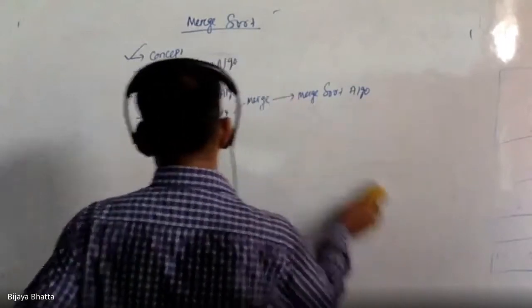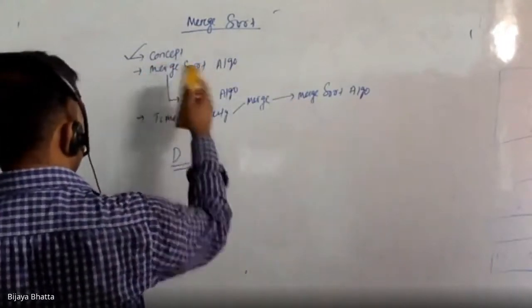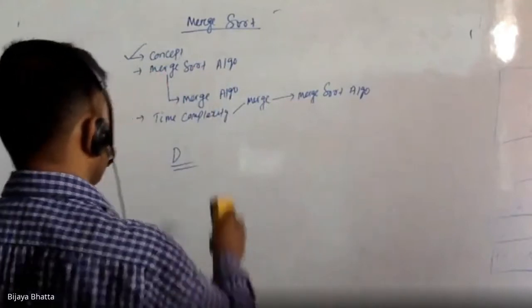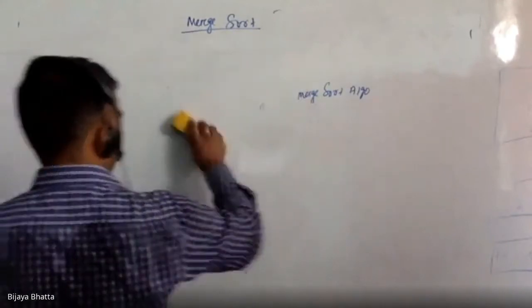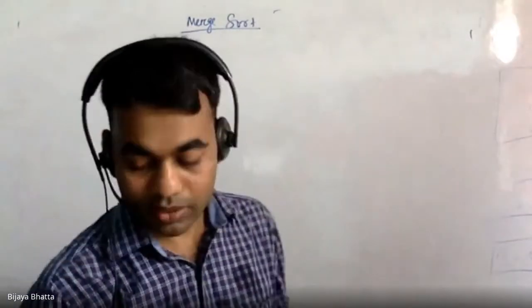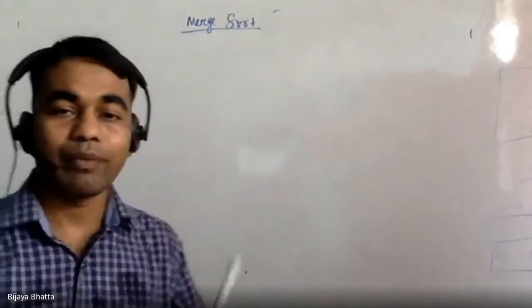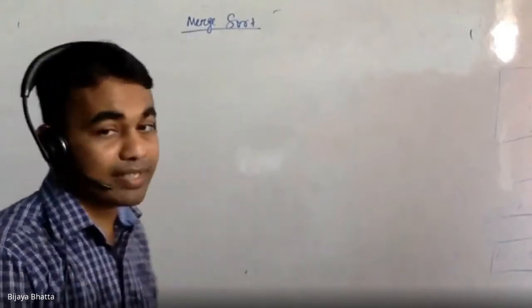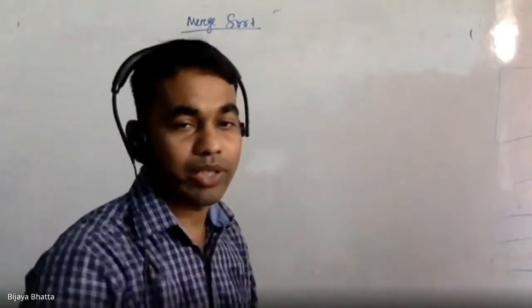Let me erase this, because the concept is done. Now we'll go into the details of merge sort. Let's take an example and understand. Let's take a bigger example and try to convert it into an algorithm.